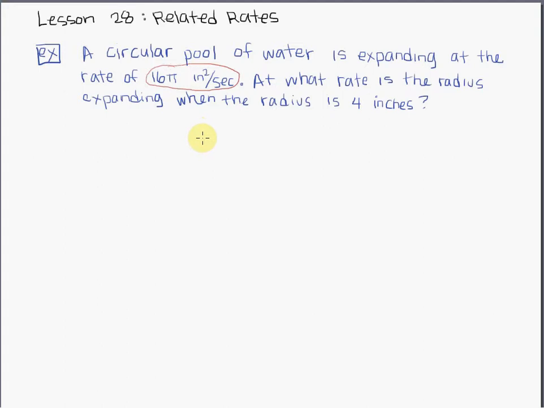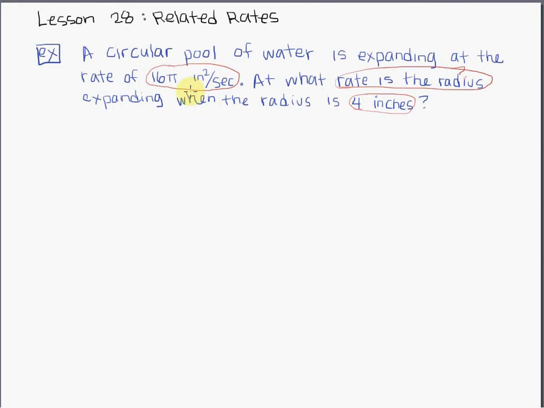That's one of the pieces of information that they give us. And then we want to know when the radius is at 4 inches, and we're looking for the rate of the radius. So this is what we're trying to find.